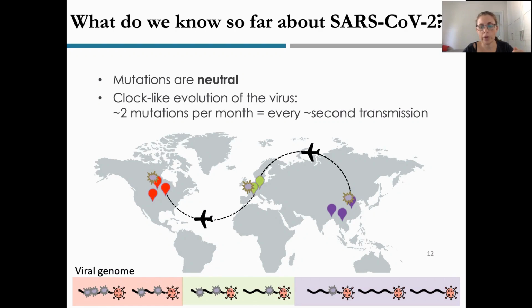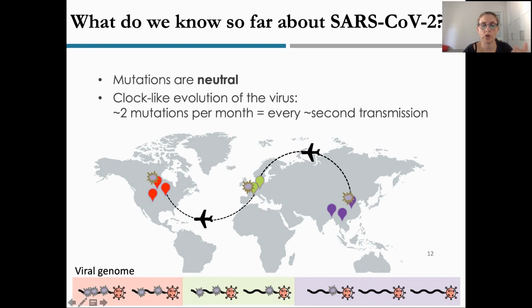The reason I'm showing you this toy illustration is that eventually we use these mutations as barcodes. If we see a sequence in Israel that has these 3 mutations, we will assume the most likely explanation is that this genome originated in the United States. Whereas if we see 0 mutations in a sequence in Israel, we will assume that this genome was derived from China, from a patient that traveled from China to Israel.